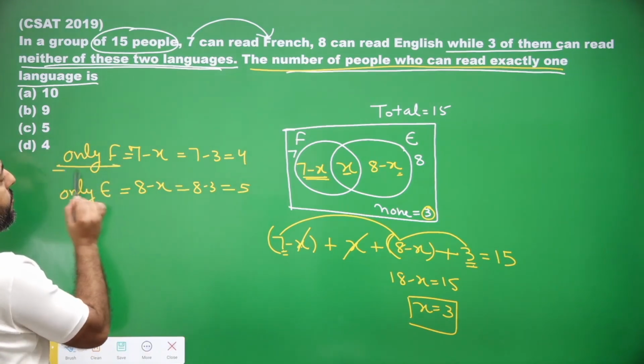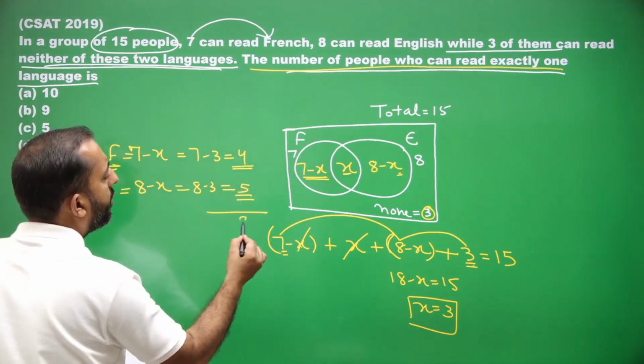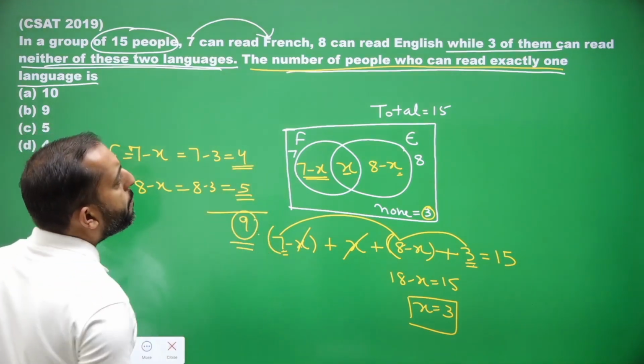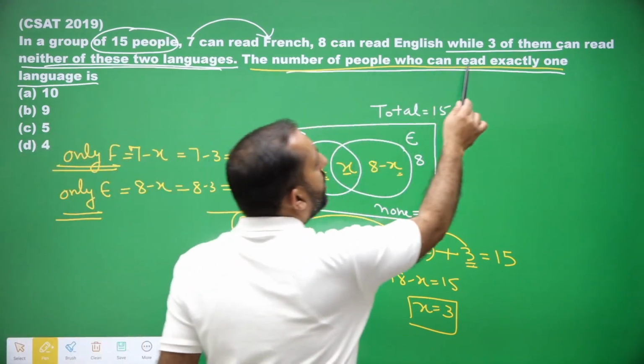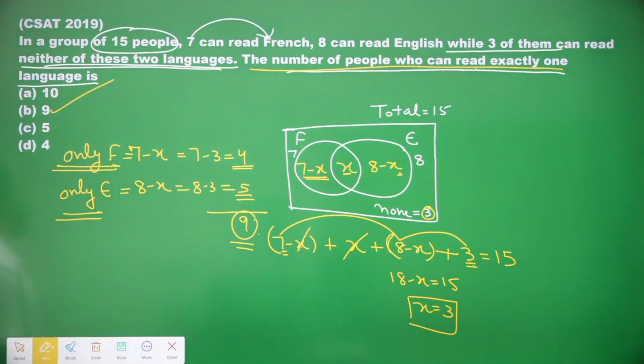So only French plus only English, 4 plus 5 is 9. So the total number of people who can read exactly one language is 9. Kindly make a note of it.